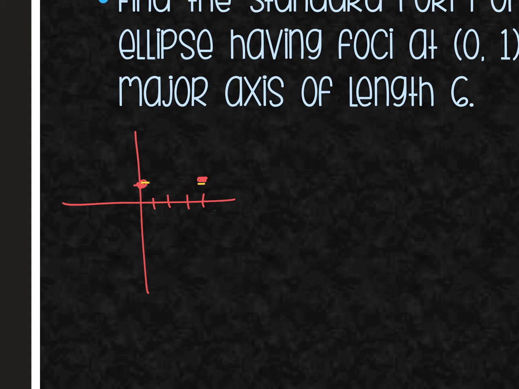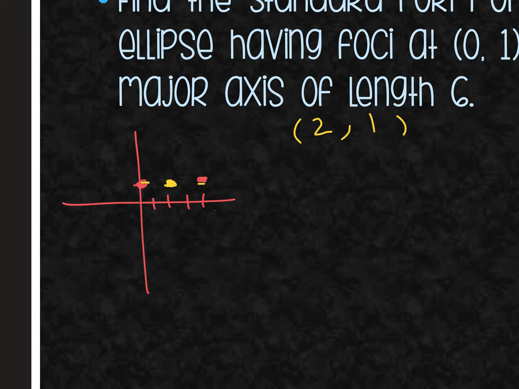So we're going 2 from the left, so right in the middle. That's our center. What coordinate would our center have? (2, 1).